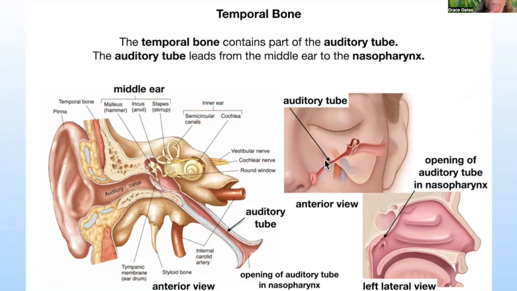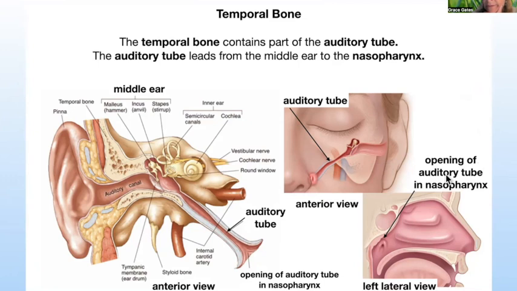But then there are two other pictures. There's an anterior view where they've drawn a kind of see-through picture of what you would see if you could look through the skin and the bone. You would see the auditory canal, the tympanic membrane, the middle ear with the three auditory ossicles, and then from the middle ear, the auditory tube going down until it got to the nasopharynx.